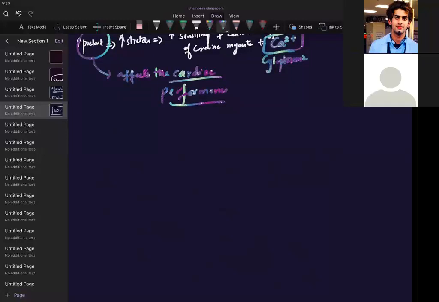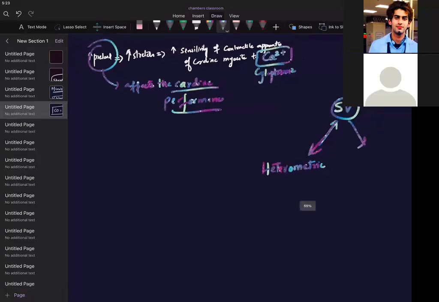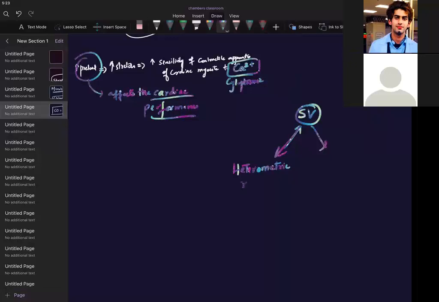They say the factors which are affecting the stroke volume, they have divided them into two categories. One is heterometric regulation. Another is homometric regulation.